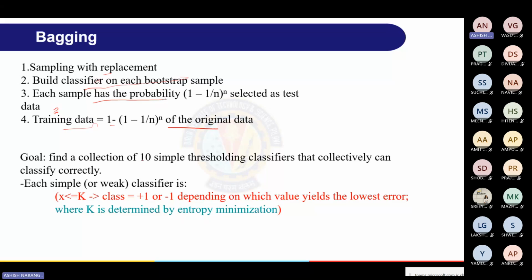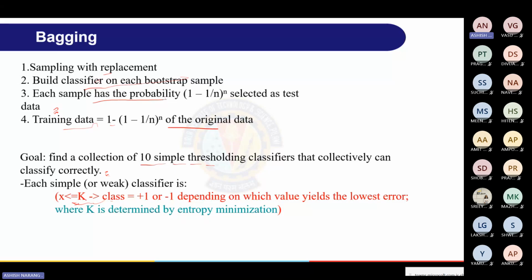Find a collection of 10 simple thresholding classifiers that collectively can classify correctly. Each simple or weak classifier gives a class of +1 or -1 depending on the values, whichever yields the lowest error, and k is determined by entropy minimization. So you are trying to come up with a threshold.